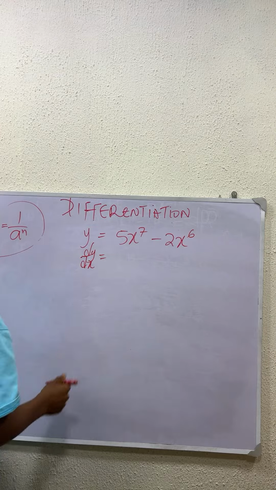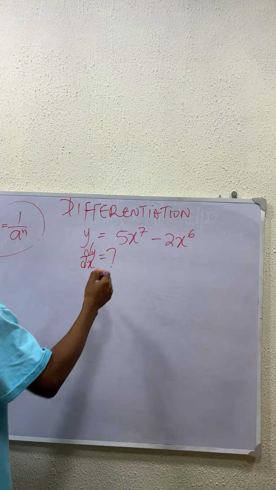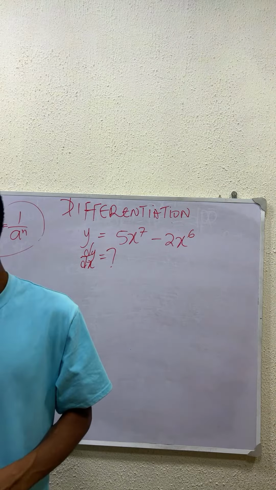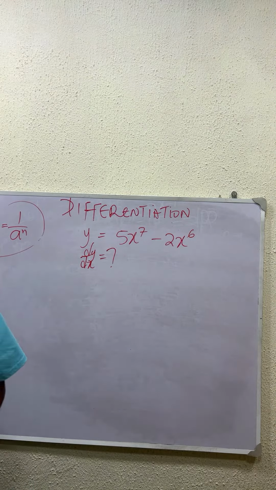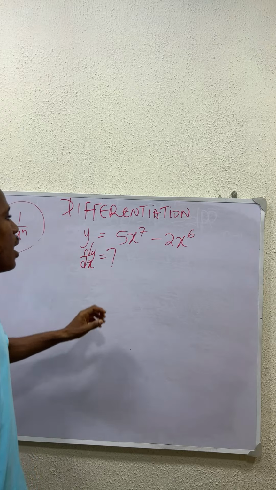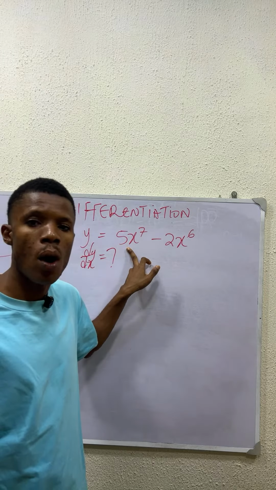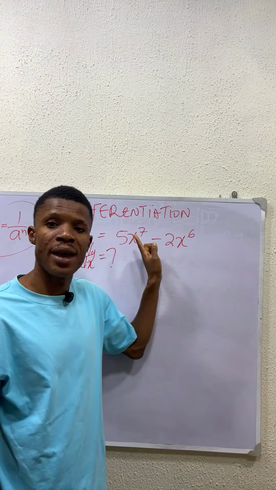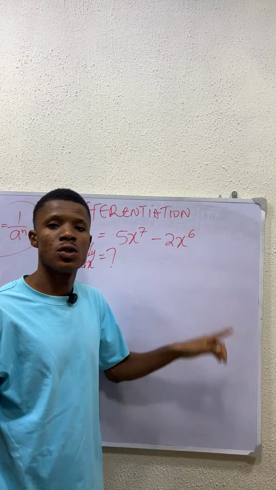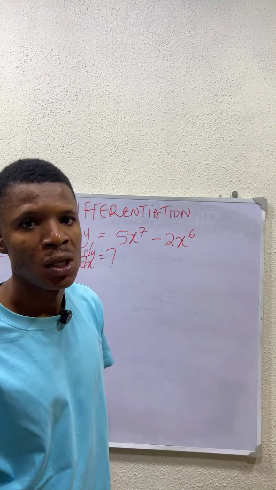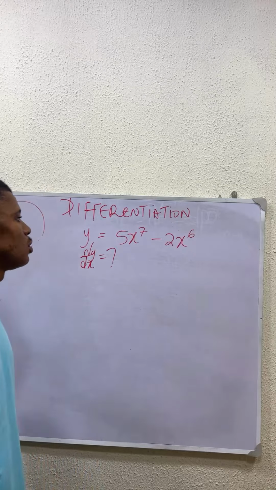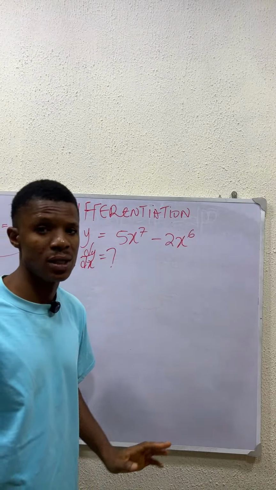This is differentiating the difference. We are given the function y defined to be 5x power 7 minus 2x power 6. To differentiate this function with respect to x, it is very easy.